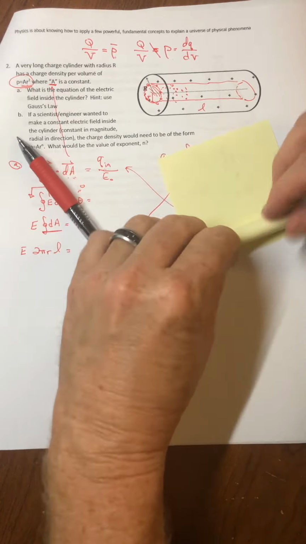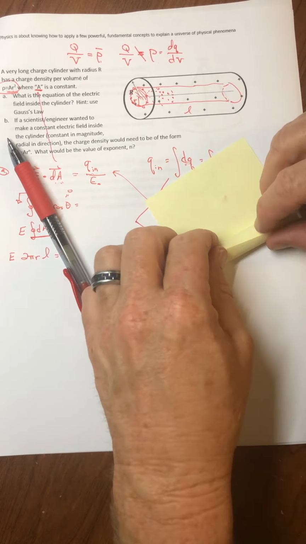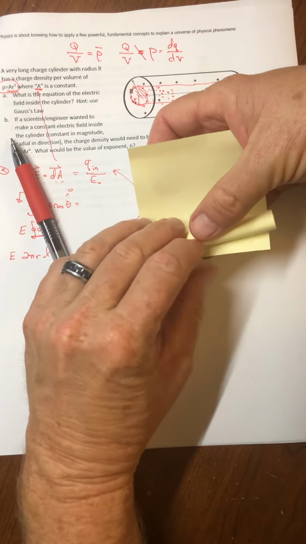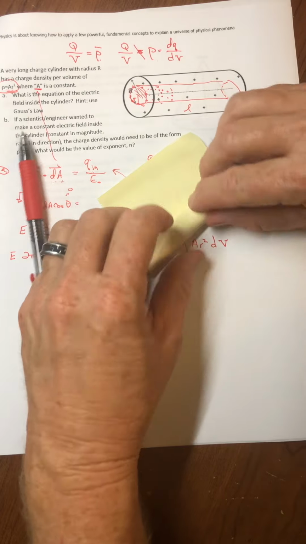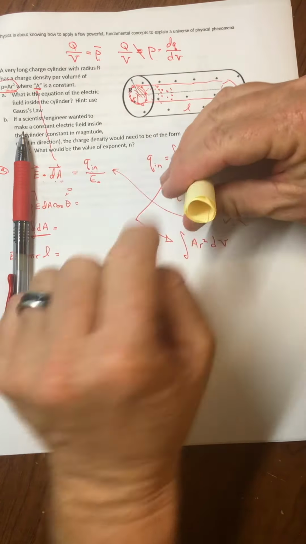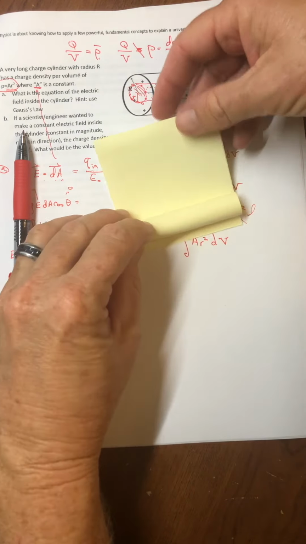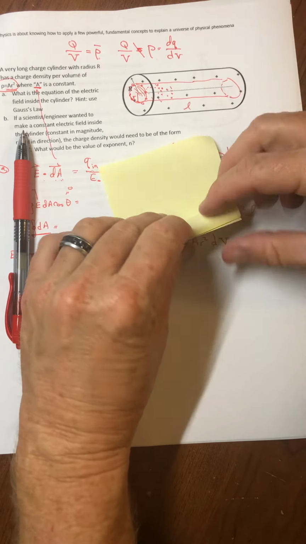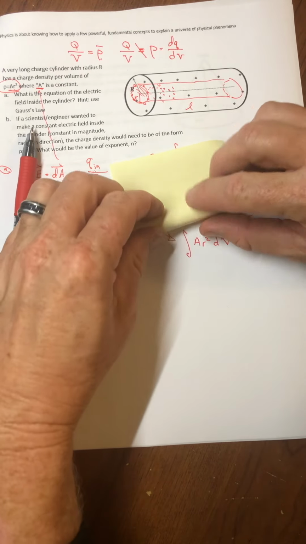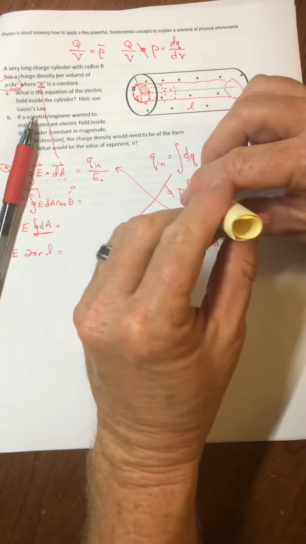So I would take the volume of this shell, plus the volume of a second shell, plus the volume of a third shell, and a fourth, and a fifth, and a sixth.